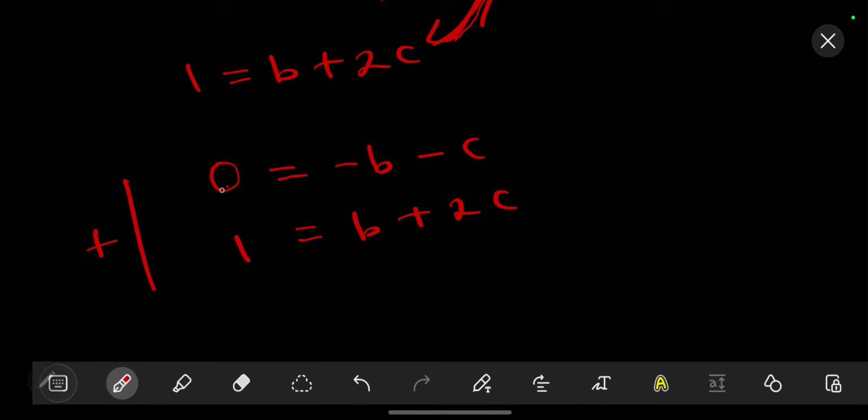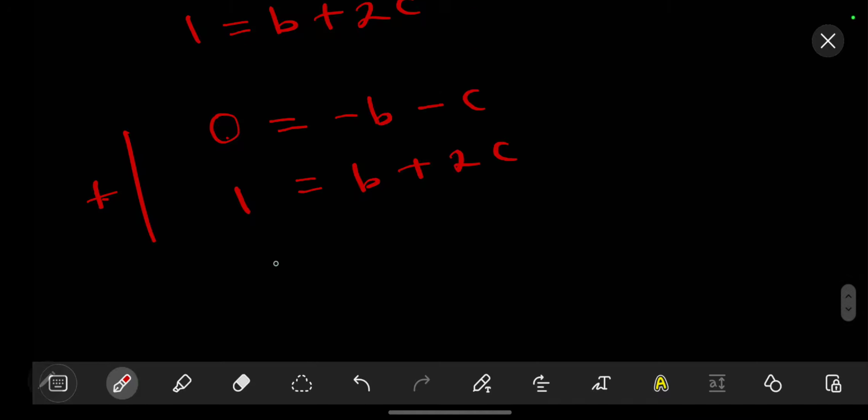So adding, this is 0 plus 1, it will give us 1. Then we are going to have negative b plus b. It will be 0 because negative b plus b, this one is positive, that one is negative. So those end up cancelling. It's okay if you don't write the 0 there. Then you have negative c plus 2c, it will give us a positive c.